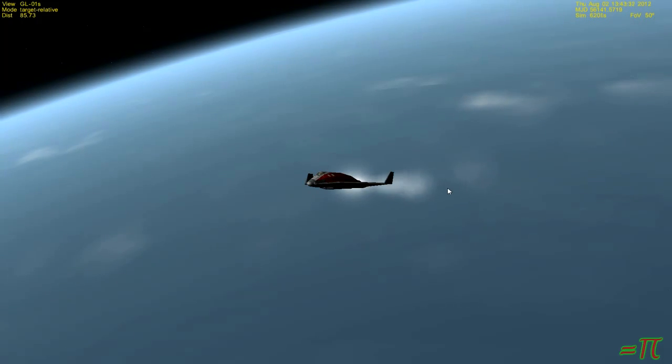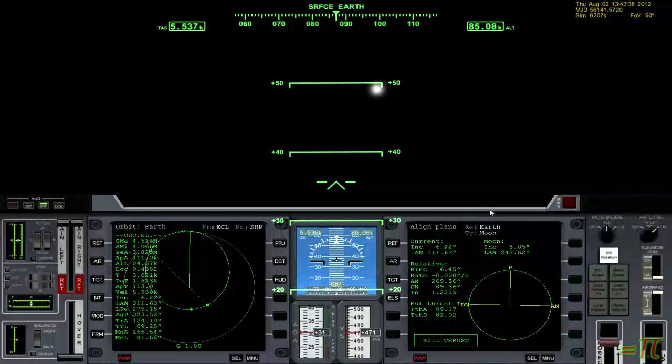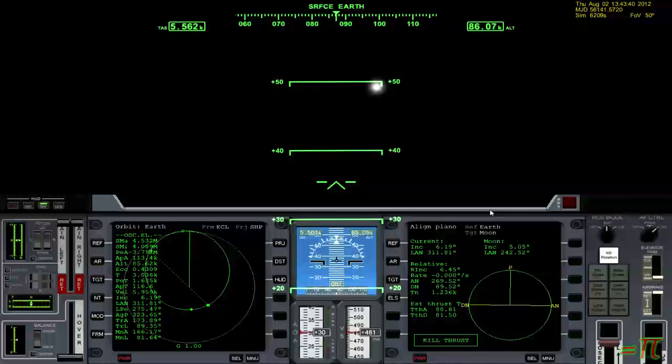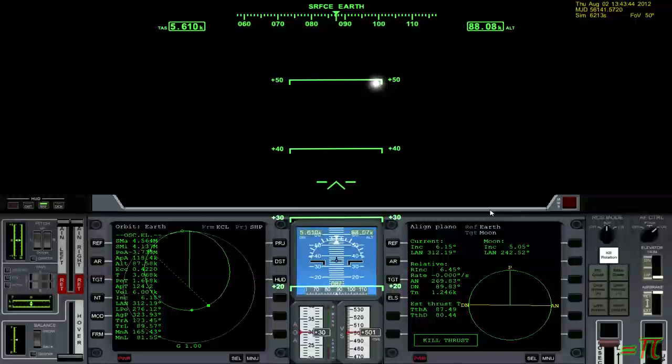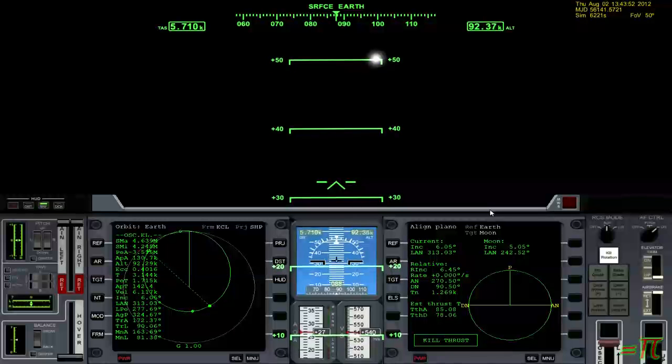You can tell the engine exhaust isn't showing much now. Time to gradually pitch down a little bit.